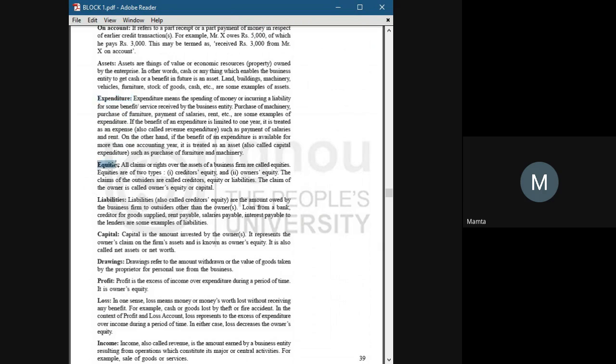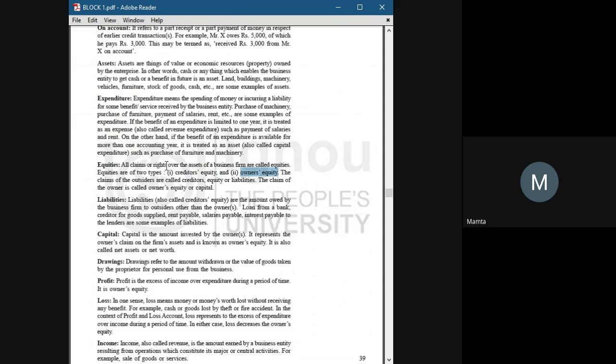Equities is of two types. When you claim your rights on your assets or the business, we have two types of equities: creditors equity or owners equity. As I just cleared, the capital which an owner invested in our business is also an equity, meaning capital, as the owner has a right on the assets of a business.